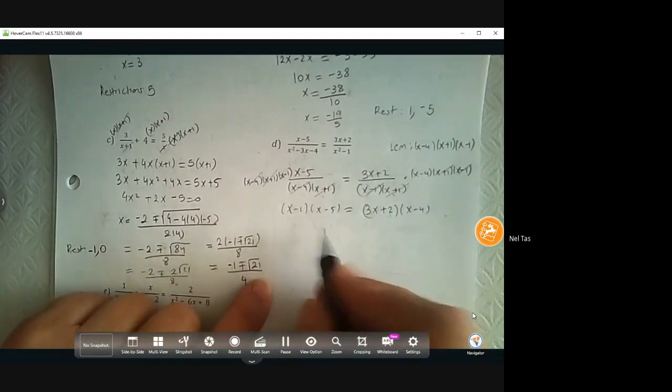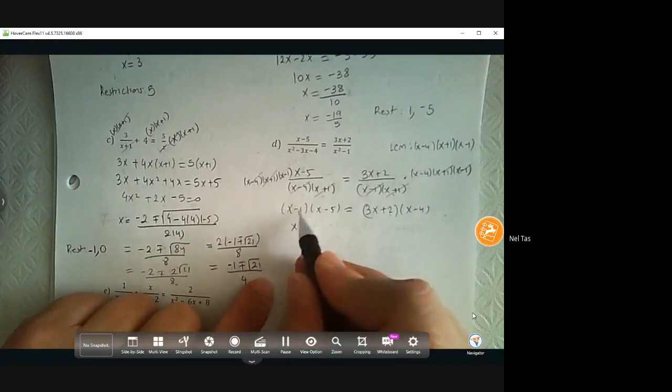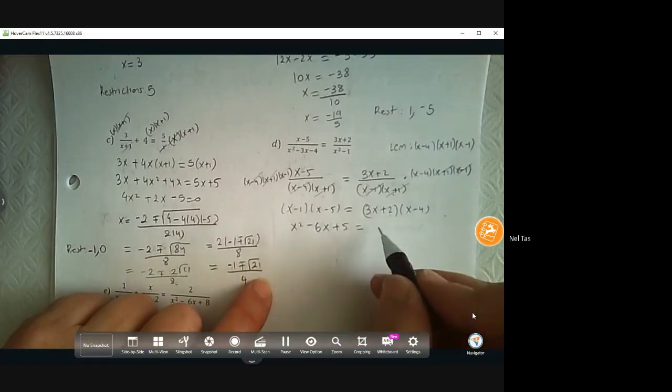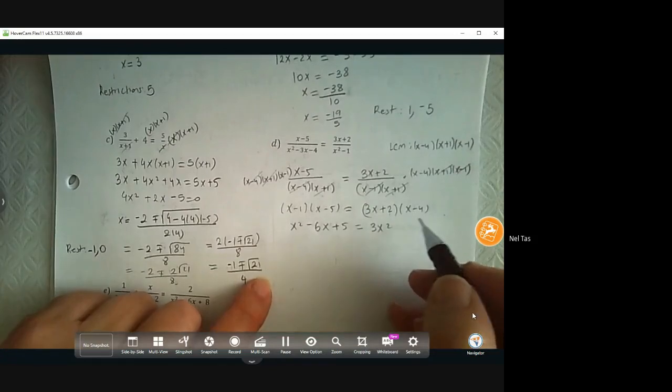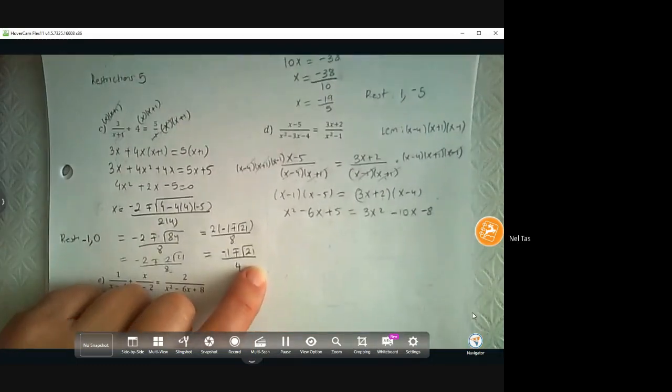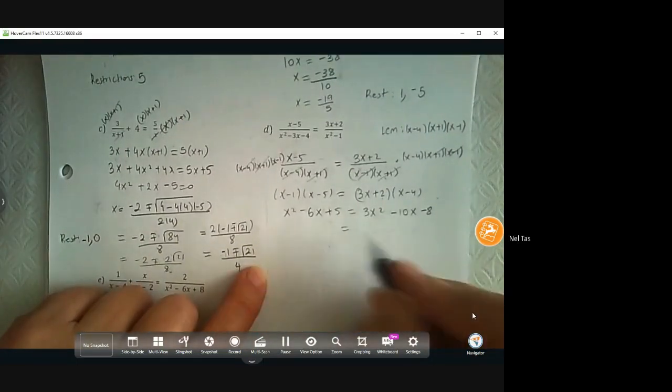Now we can expand these. So you get x squared minus 5x minus x gives you minus 6x plus 5. On the right, you get 3x squared minus 12x plus 2x gives you minus 10x minus 8. Now collect everything on one side.